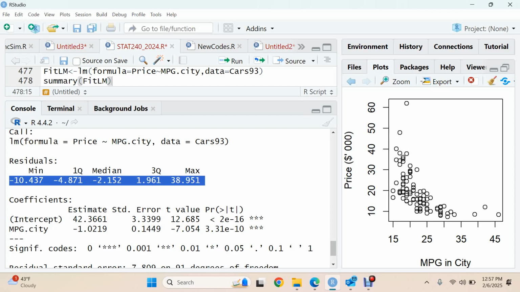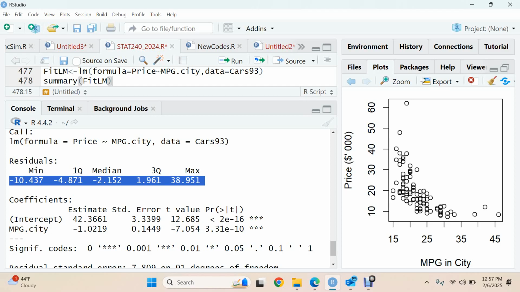So in this case, it doesn't really make sense, or scientifically, it's not natural. So what it says is that if a car has no miles per gallon in the city, its price will be approximately 42,000. Is everybody okay with it?